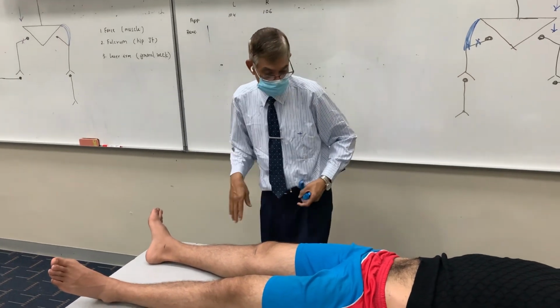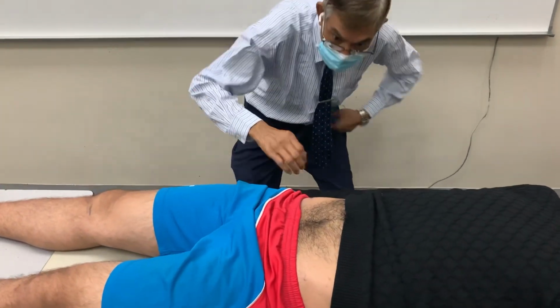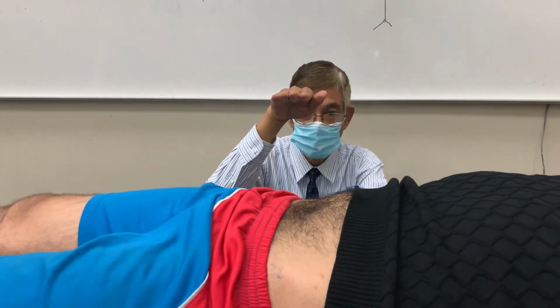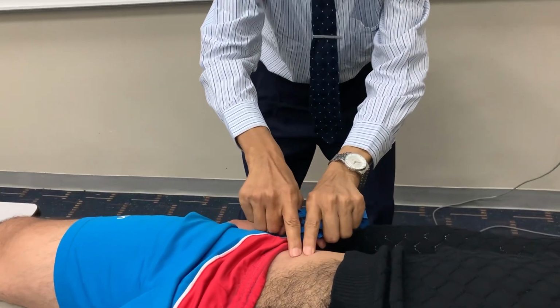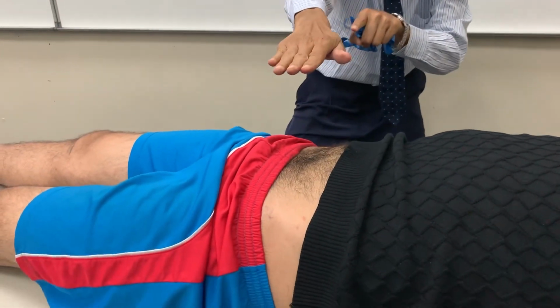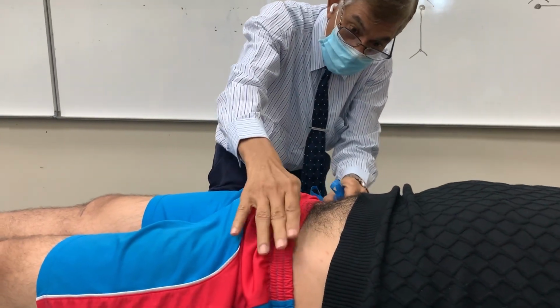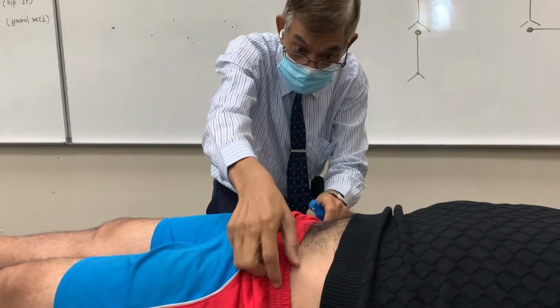Then, the third point: you have to check from the side. The anterior superior spines must be horizontal, not up and down, not in a seesaw position.